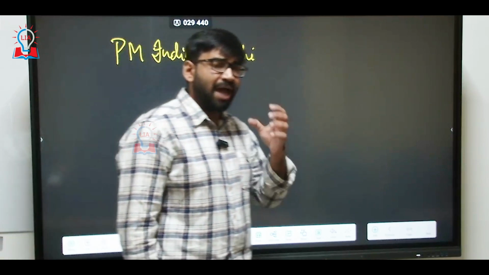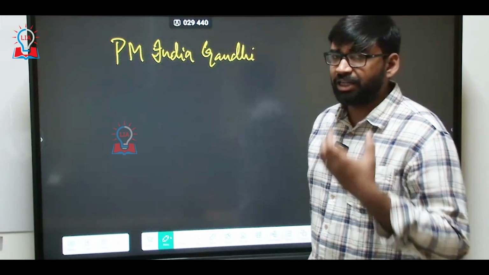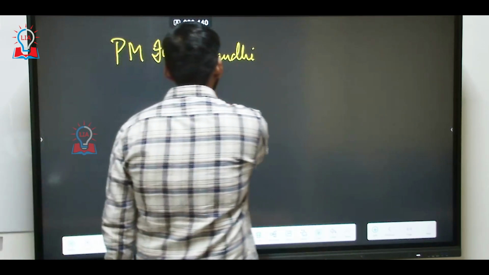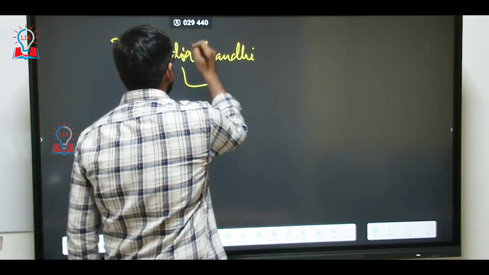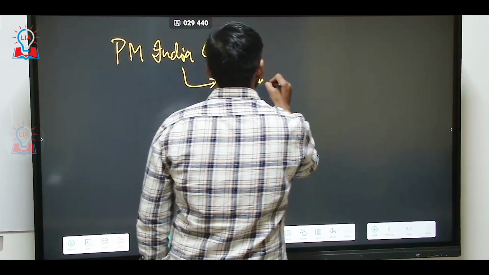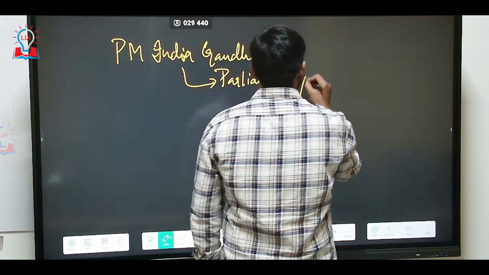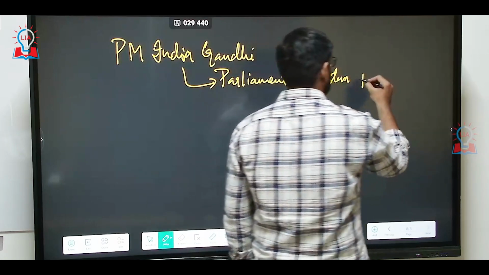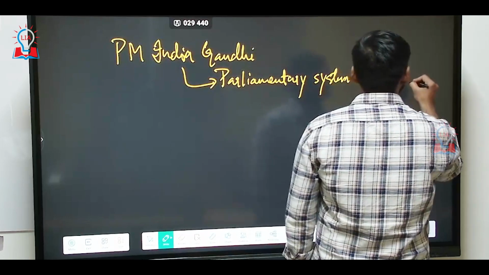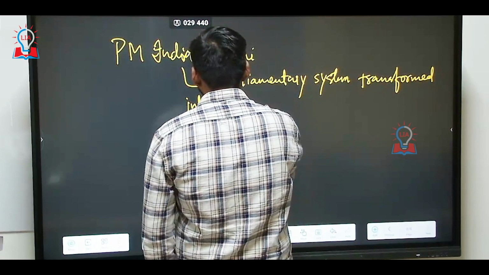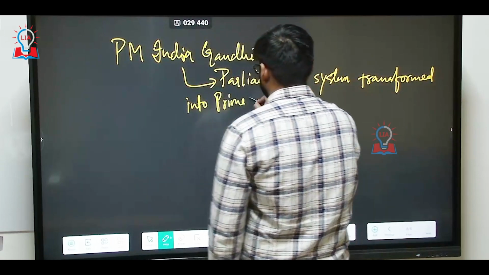So, in actual functioning, there was a development of authoritarian trends. Clear? So, during the time period of Indira Gandhi, the parliamentary system transformed into prime ministerial system.